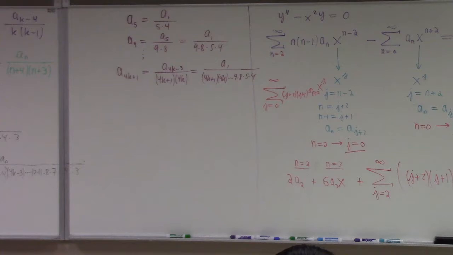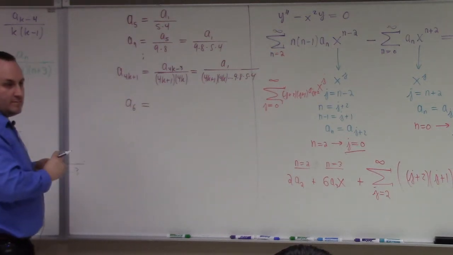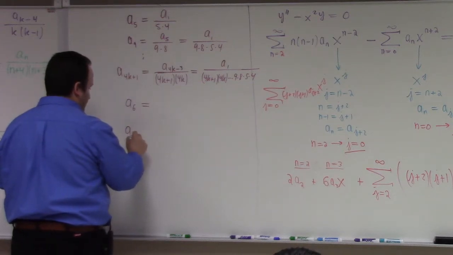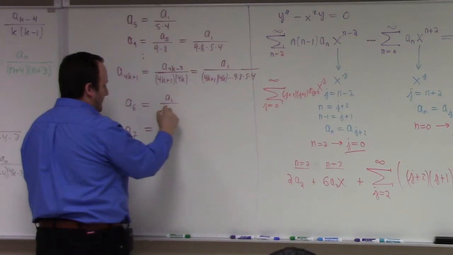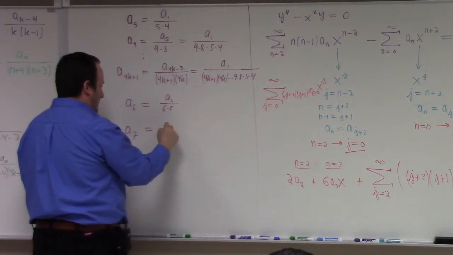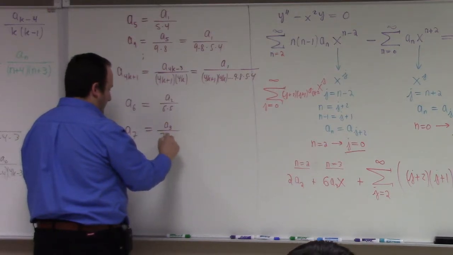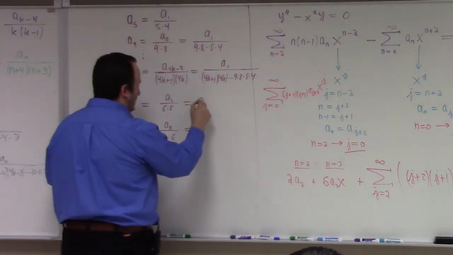Now, what happens when we get to A6? What about A7? A6 is A2 over 6 times 5. A7 is A3 over 7 times 6. What's that equal to? 0, right?